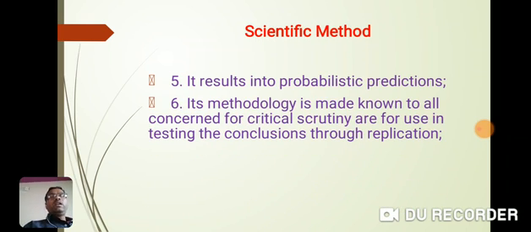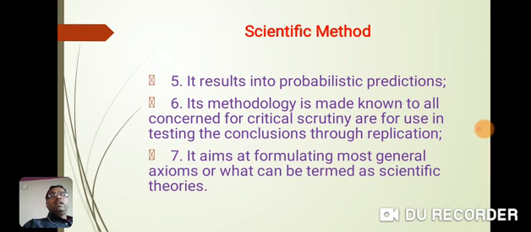Number 6, its methodology is made known to all concerned for critical scrutiny or for use in testing the conclusions through replications, means under scientific method, whatever conclusions are there, they may be tested, they may be critically scrutinized by anyone through replications, repeatedly, again and again.